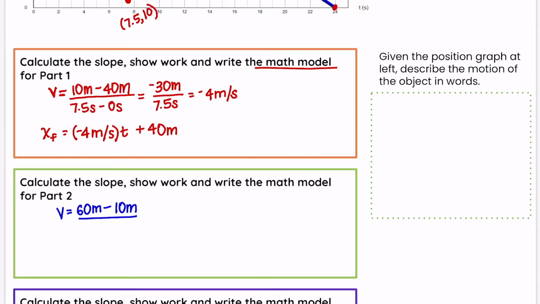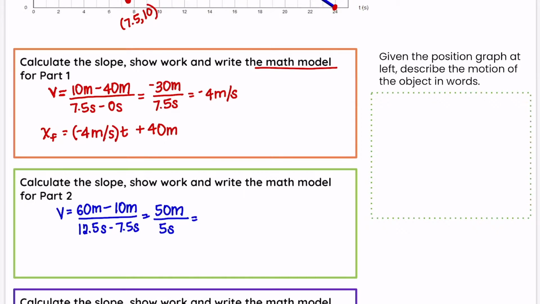So let's write it down here. 12.5 seconds, and then the initial time of 7.5. So we're going to write the time for when it started. So 60 minus 10 is going to give us 50 meters over 12.5 seconds minus 7.5 is going to give us 5 seconds.